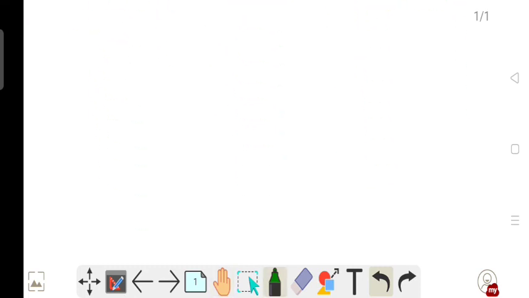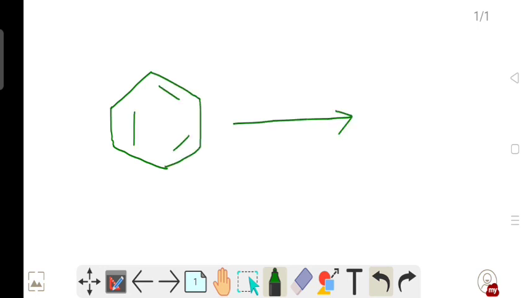Similarly, one thing you have to remember, it is benzene. If you use Cl2 and normal sunlight, then what will happen?